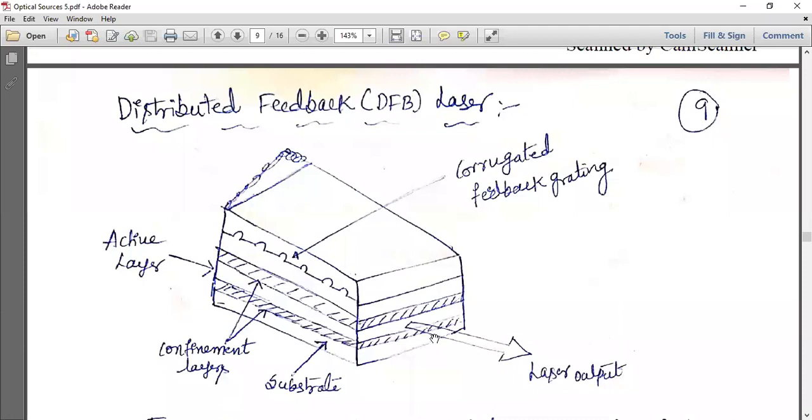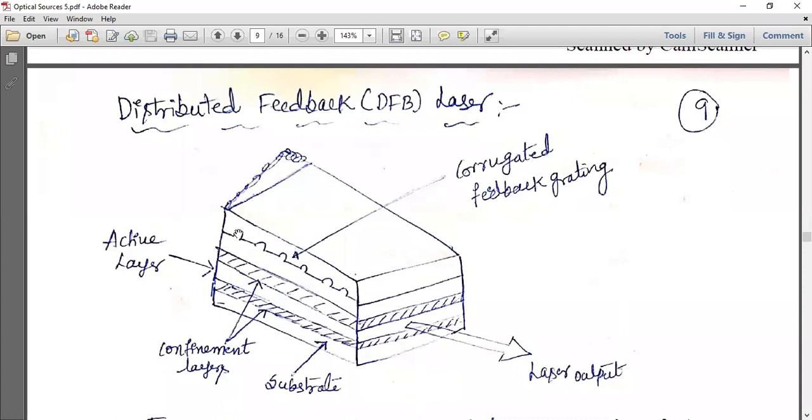The only difference between an LED and a laser is that the laser generates a very directional beam. This is your substrate, and this is also a substrate. One difference between the DFB laser and the Fabry-Perot laser is that there we have a reflector, while here you have a grating.